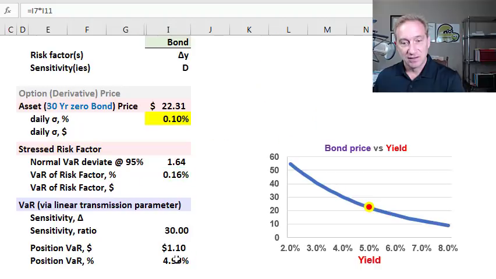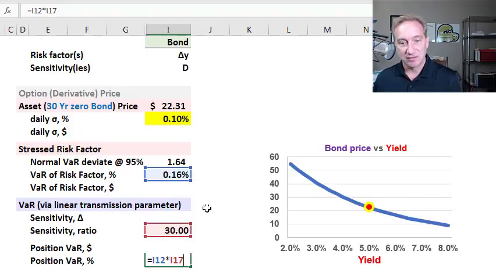And in fact, that's all that we need to do here: take the 16 basis points and multiply it by the sensitivity, the modified duration, which is 30 years, right? That's because I selected a zero coupon bond and the yield is continuously compounded.